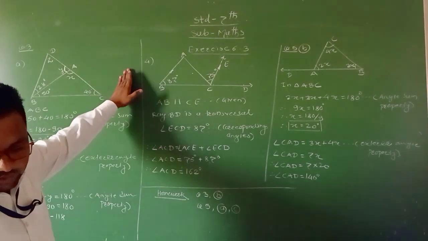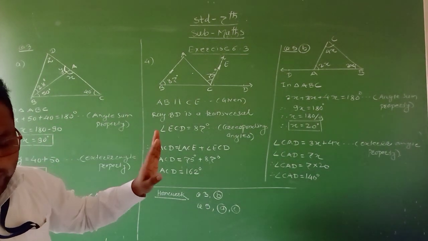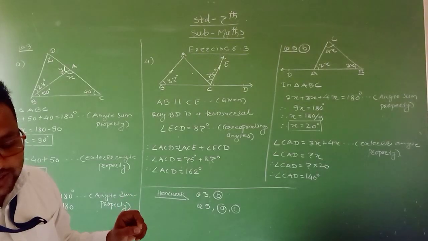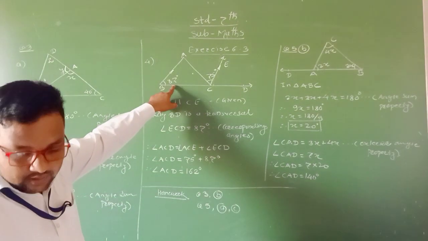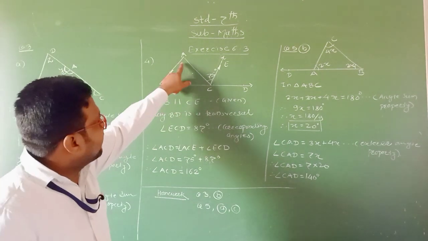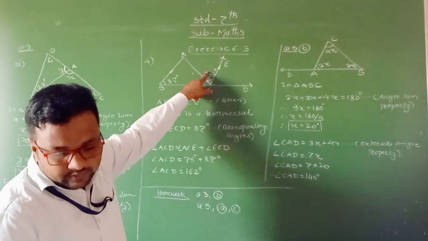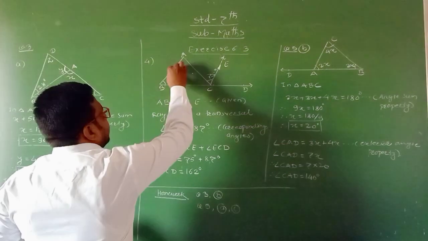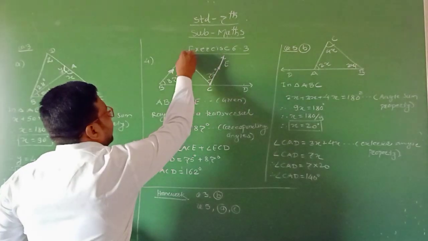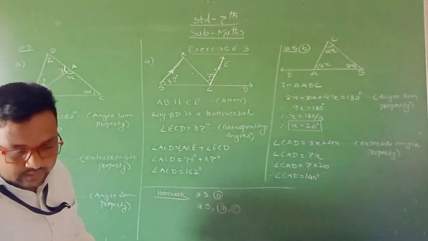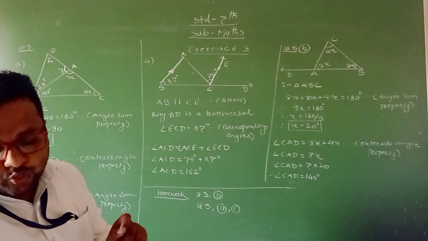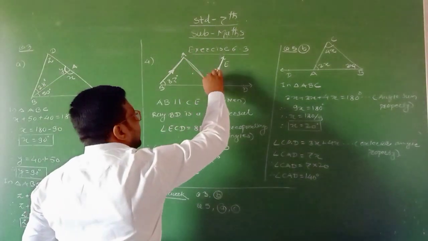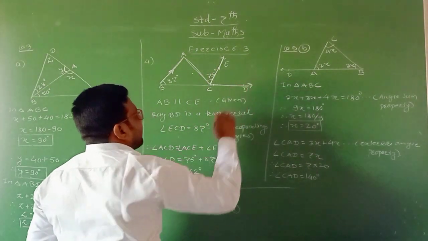In the given figure, angle ABC is 87 degree, angle ACE is equal to 75 degree, and AB and CE, these two lines, are parallel. Then we have to find the measure of angle ACD. This angle ACD we have to find.